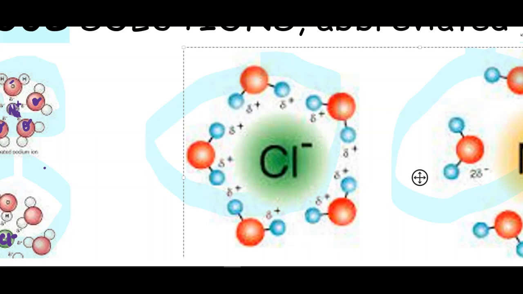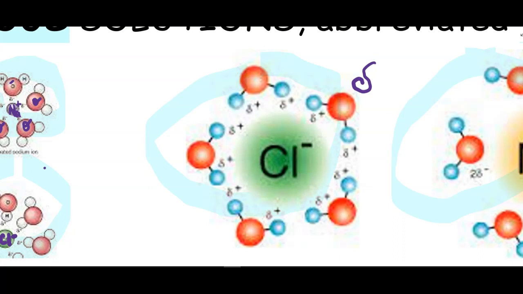He's way too small. Now, this sign right here means partial. And we indicated that it's not an ion. It's a partial negative charge. So not an ion. And when we get to covalent bonding, we will talk about these partial charges.